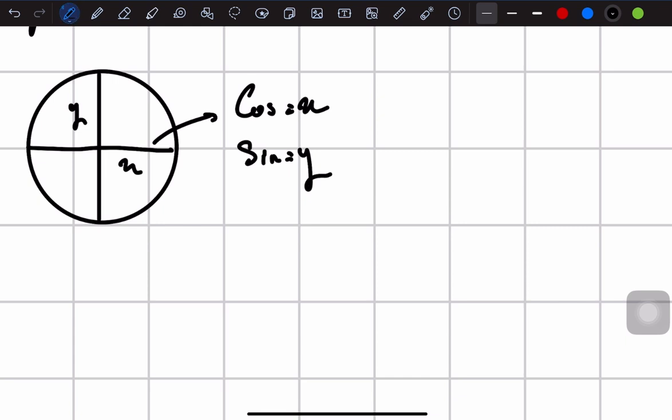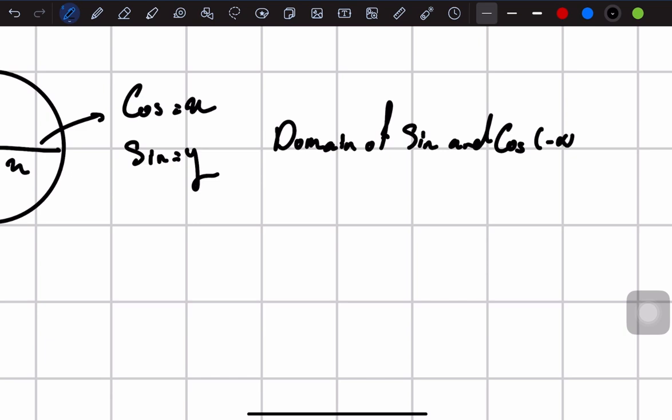So the domain of sine and cosine is infinite, from negative infinity to positive infinity. Let me write it down. Domain of sine and cosine are negative infinity and positive infinity.